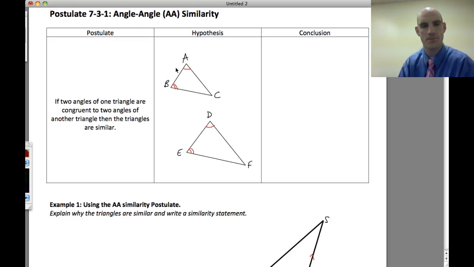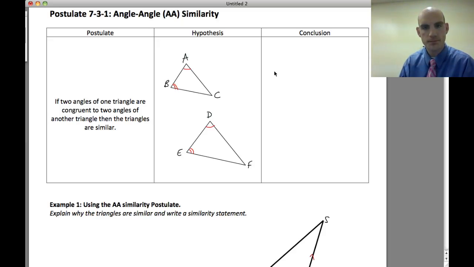Angle-angle similarity. It says if two angles of one triangle are congruent to two angles of another triangle, then the triangles are similar. Here we have ABC and DEF. What we can say about ABC and DEF is that they have two angles that are congruent.